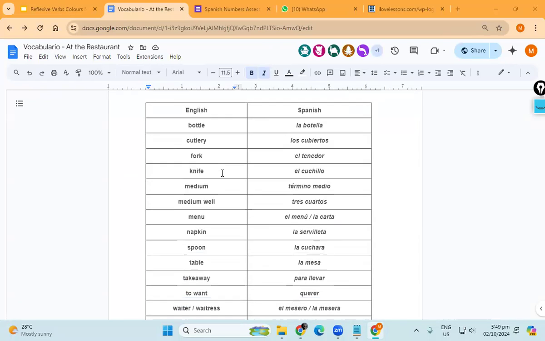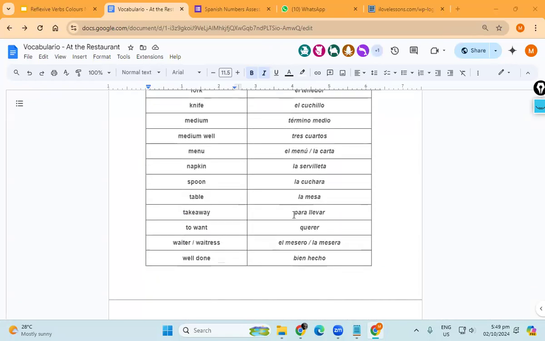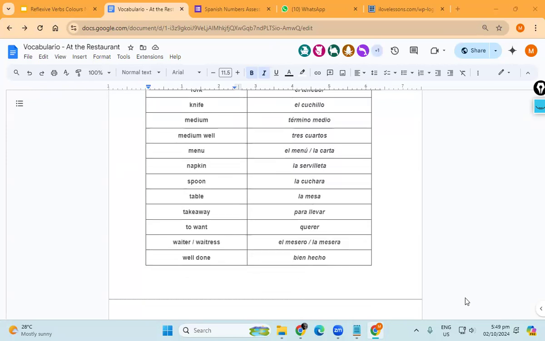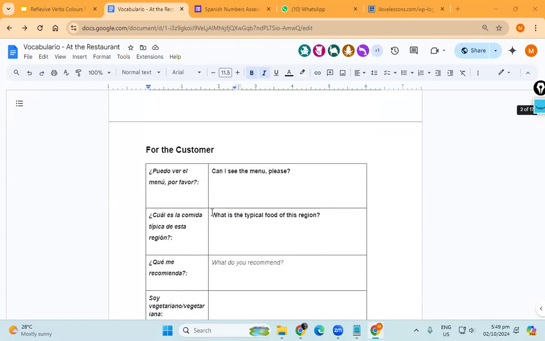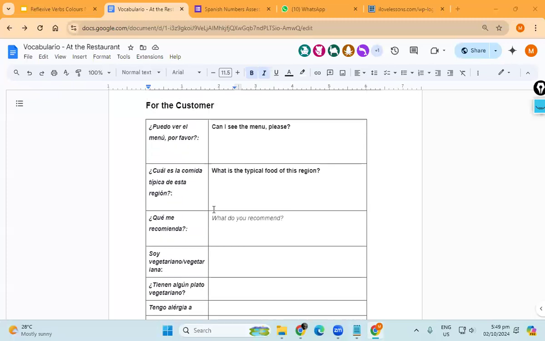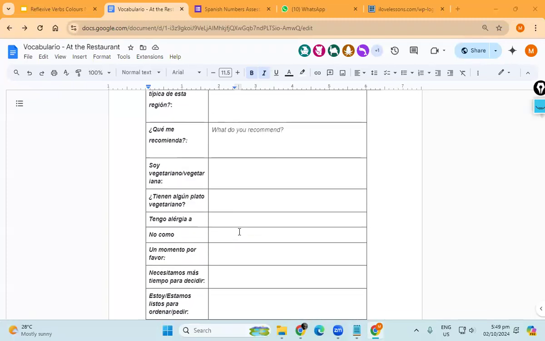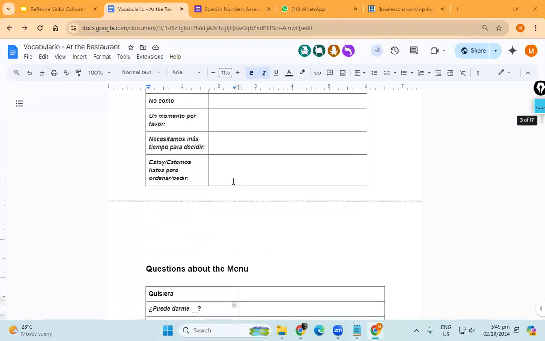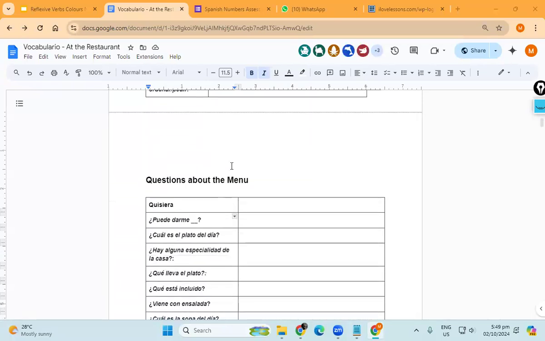The first thing is just a general list of items you might find in a restaurant setting, right? And then we have some expressions for the customer, things that the customer might say. So if it's blank, then you can find a meaning for it. I will put in some meanings. The ones that I'm missing. I meant to do it before class, but I ran out of time. Right.